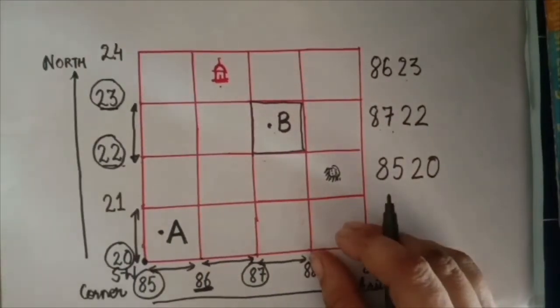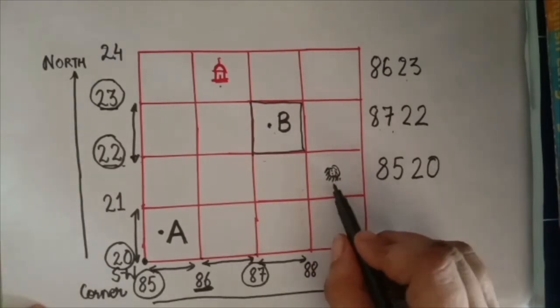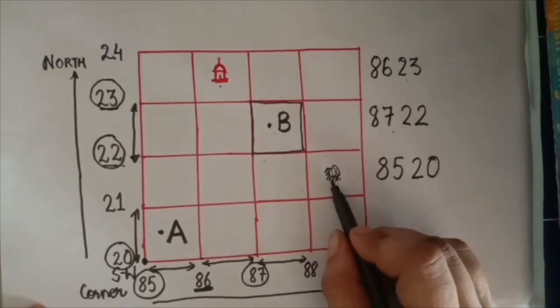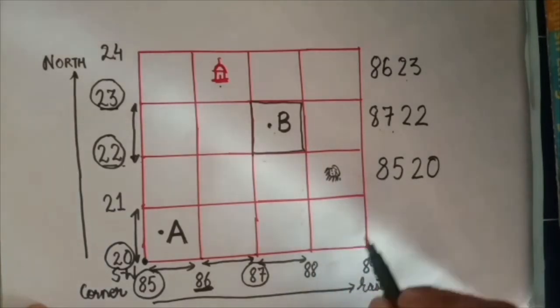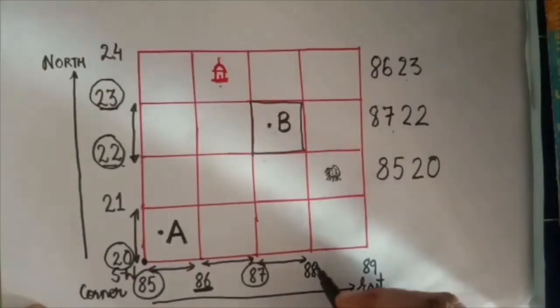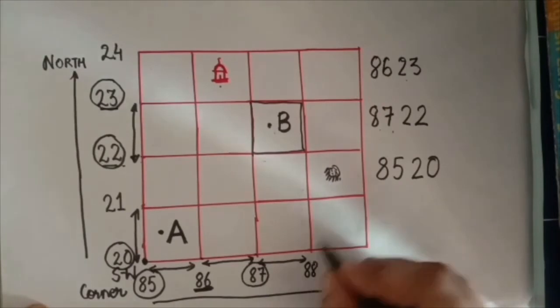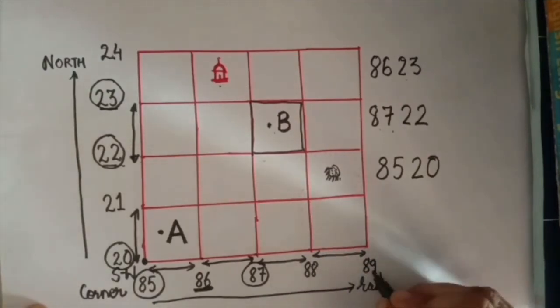Now, next, let us find out the 4-figure grid reference of this dry tank. Children, the first step is to find out its eastings. We can see that it lies between the eastings 8-8 and 8-9.